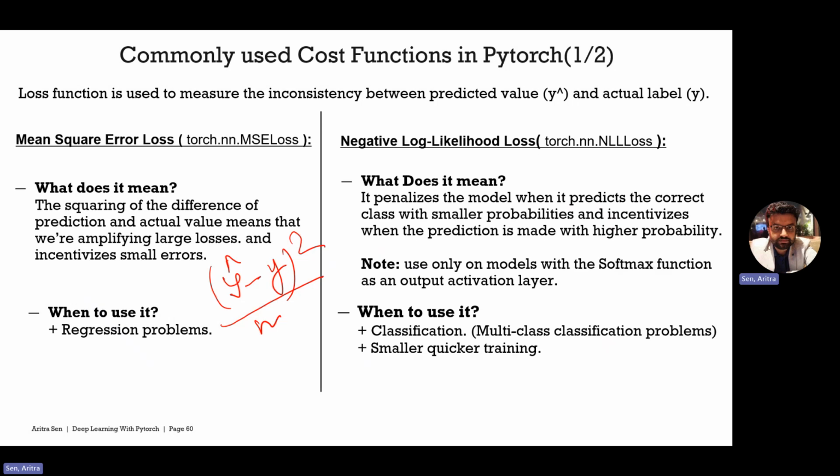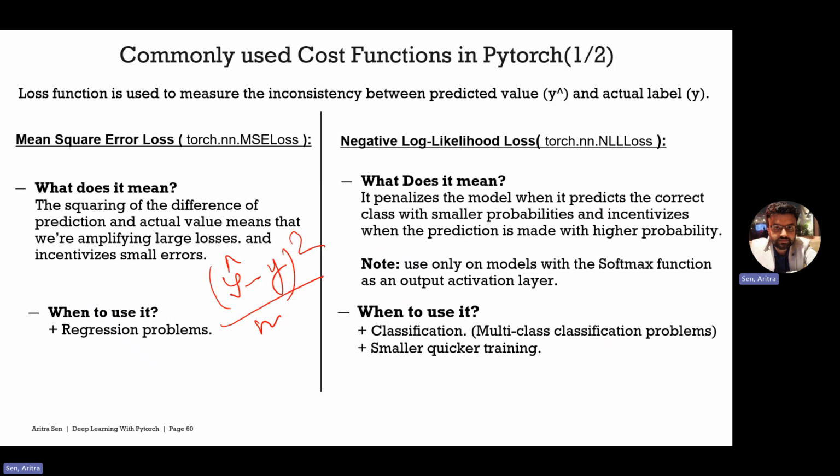Then we also have negative log likelihood loss. This we generally use in case of multi-class classification or binary classification. The thing you need to keep in mind is that we use this negative log likelihood loss when we use a softmax in the neural network itself.